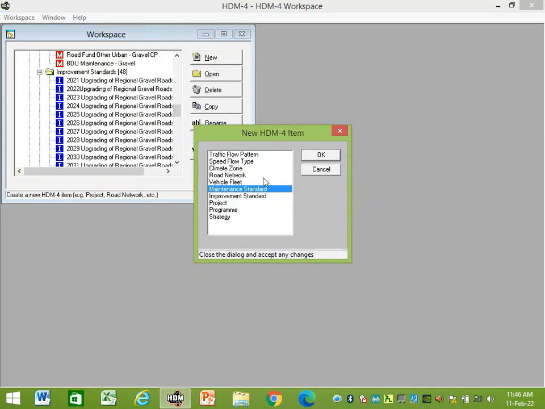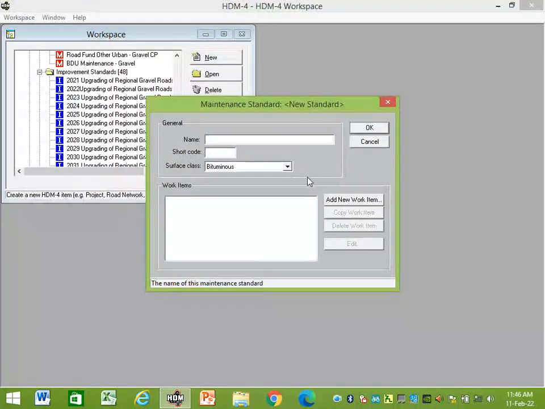New maintenance standard. Create a maintenance standard for asphalt road.